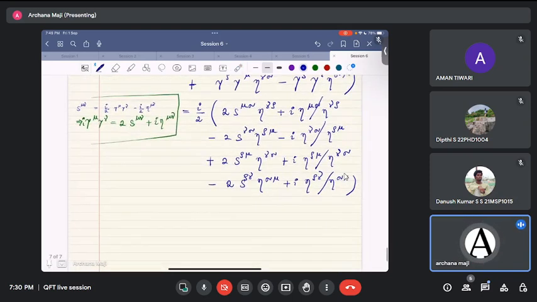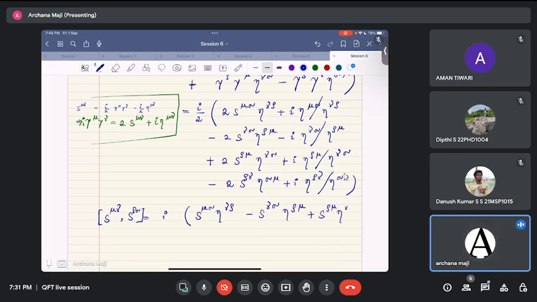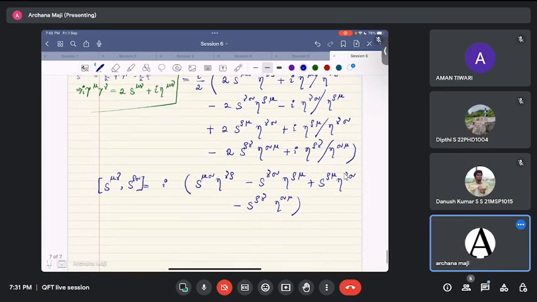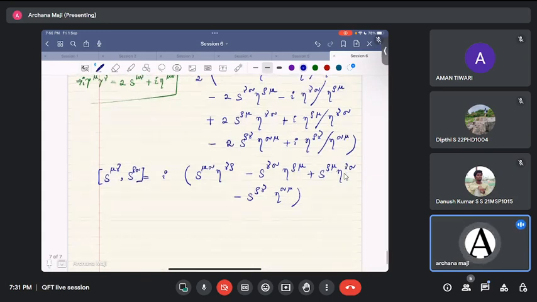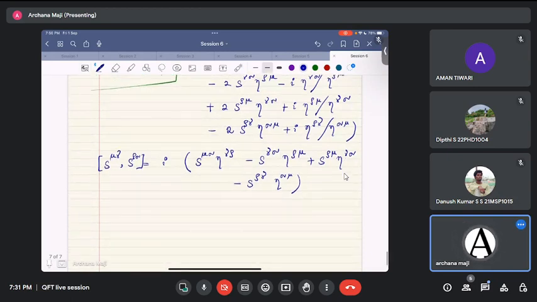So you can see what we have is nothing but that same commutation relation satisfied by J mu nu. Plus is rho mu eta nu sigma, minus is rho nu eta sigma mu. Is everything okay? Any questions? Are there any questions?